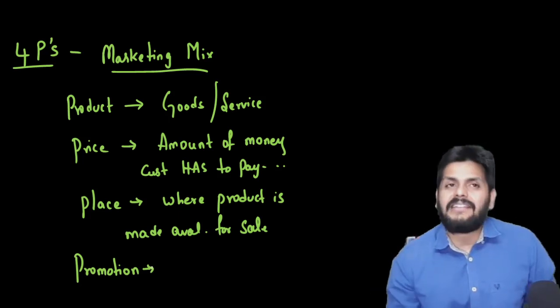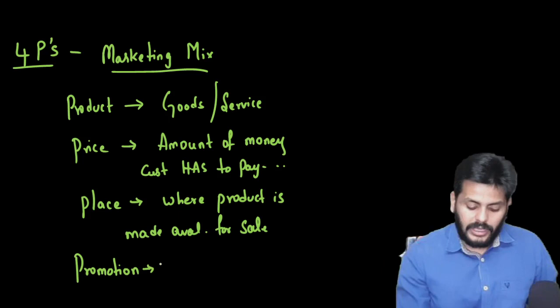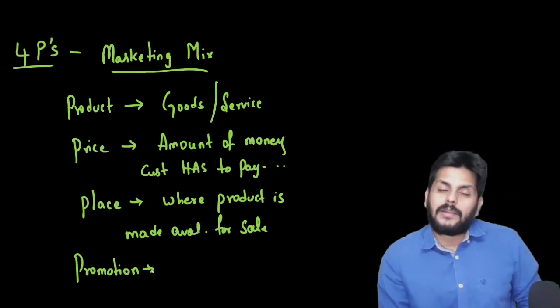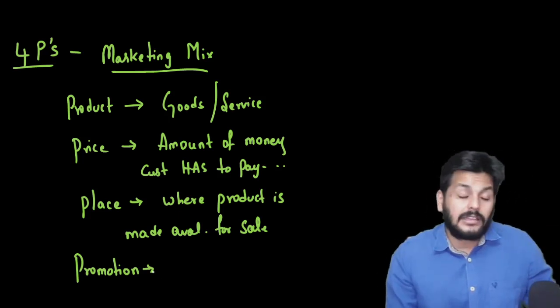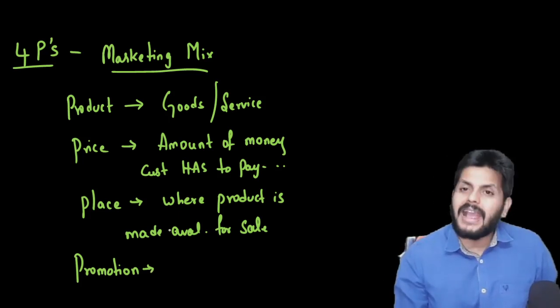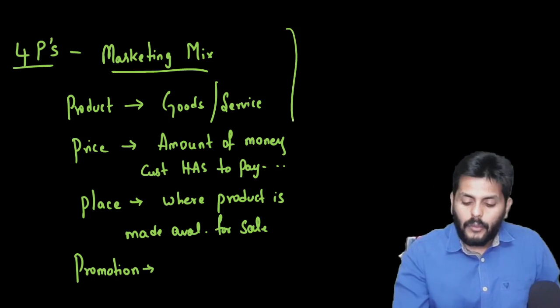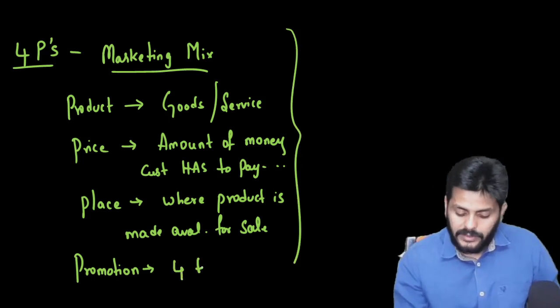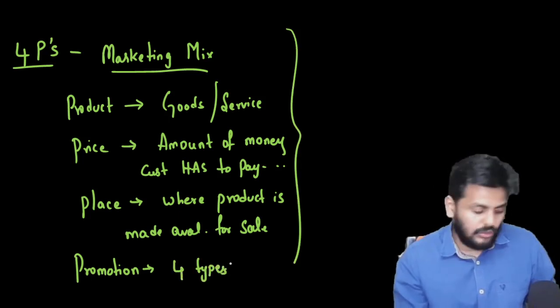Promotion is every activity that you do to create awareness. Herein, as part of promotion, we have personal selling. Like in the past, they used to go door to door and sell. So promotion is every activity that is done to create some awareness. Anyway, don't worry. Here four types are there. I will discuss those also now.